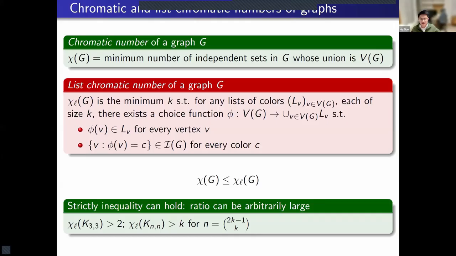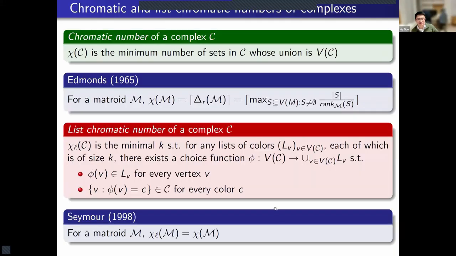All right, if not, we can move on to the definition involving matroids. It's actually for complexes. Similarly, we can define the chromatic number for a complex.